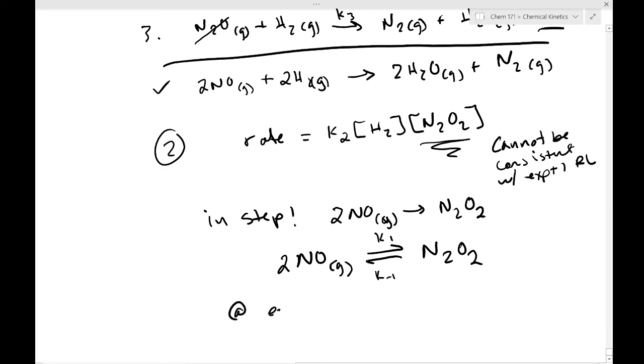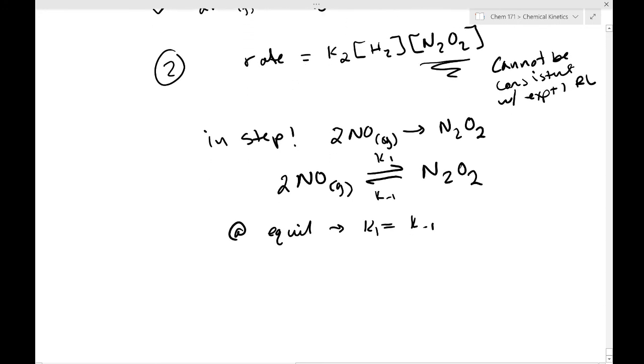At equilibrium, the rate going forward is the same as the rate going back. That's why it's at equilibrium. The concentrations of N2O2 and NO don't change in time when it's at equilibrium.